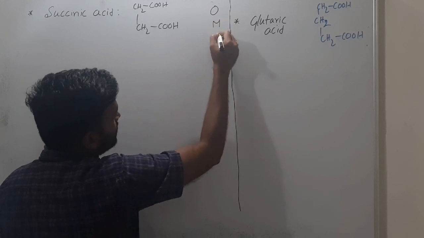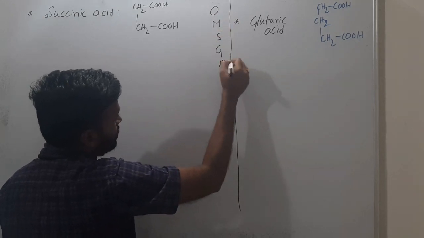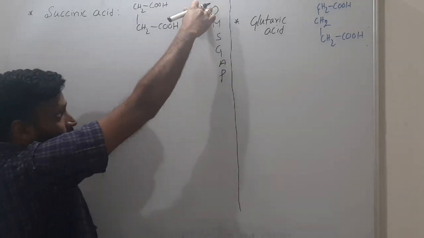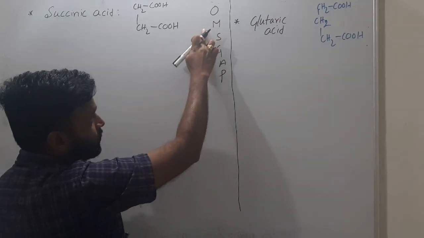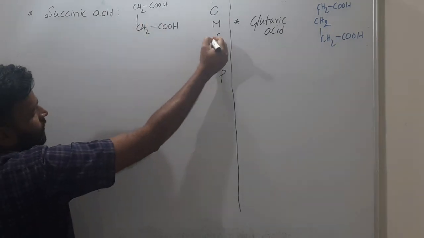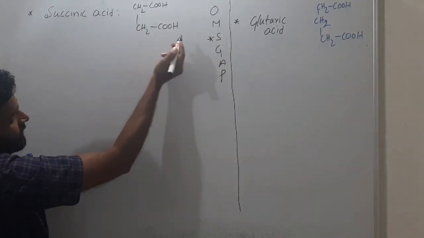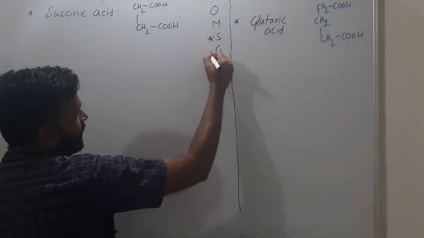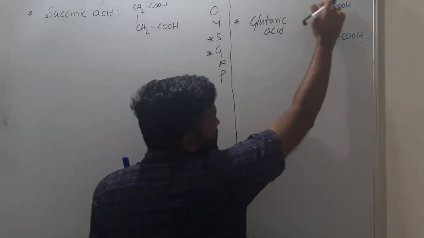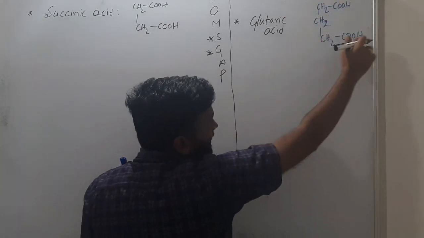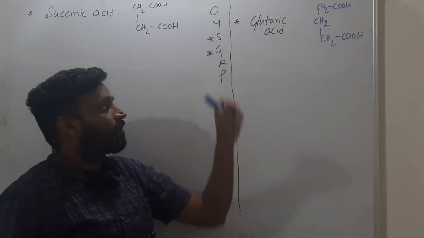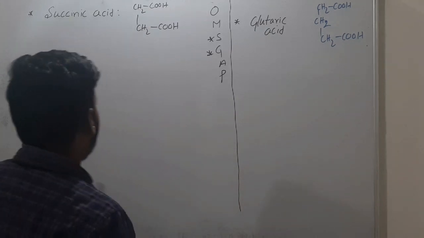Here you have only two COOH groups: oxalic acid, COOH-COOH, and succinic acid, CH2COOH and CH2COOH, and glutaric acid, where you will have three CH2 groups, CH2COOH, CH2 and CH2COOH, like that. And from succinic acid and glutaric acid, we will write two more acids.